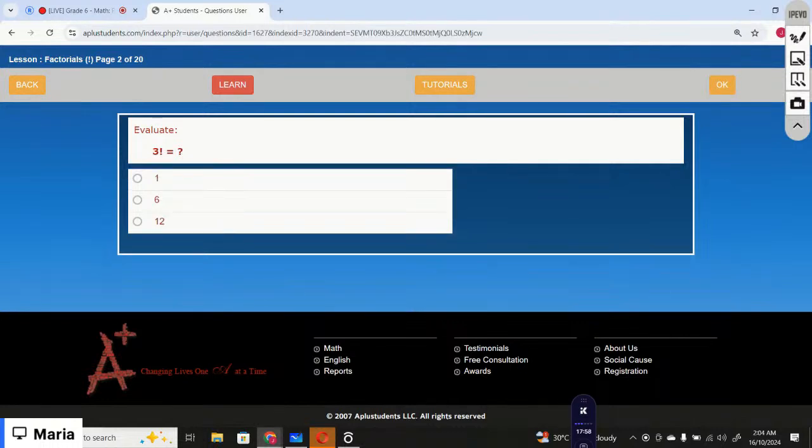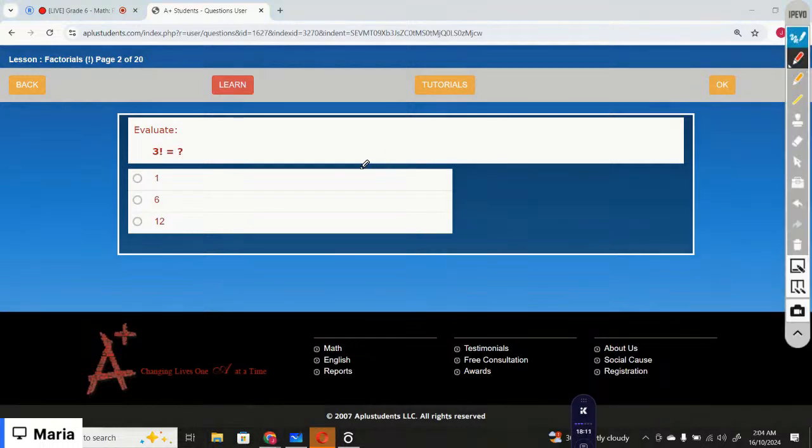Next one is 3 factorial. So which is the correct option? You have to multiply all the numbers between 1 and 3, that is 3 times 2 times 1.